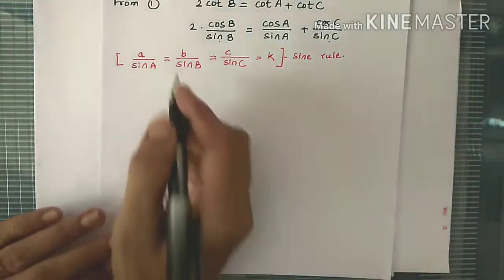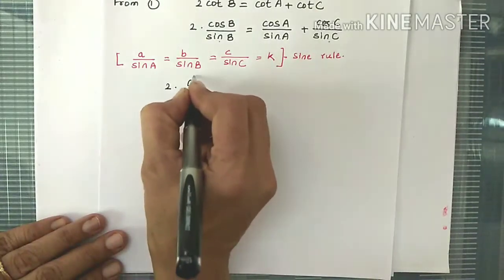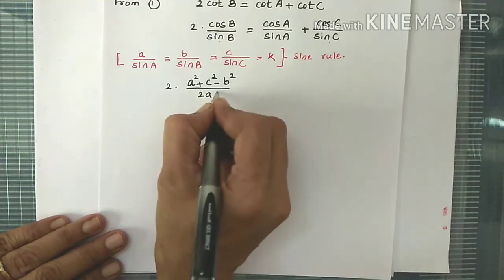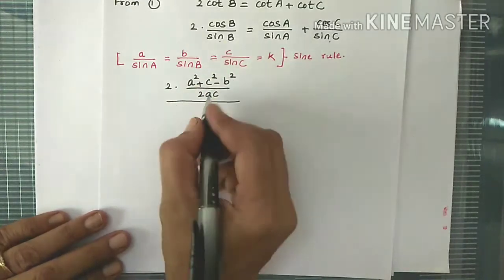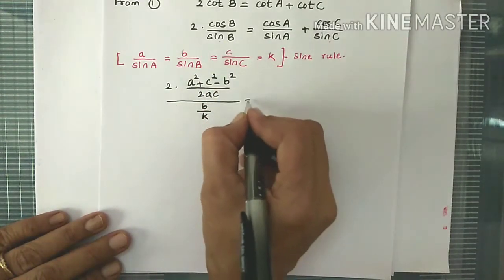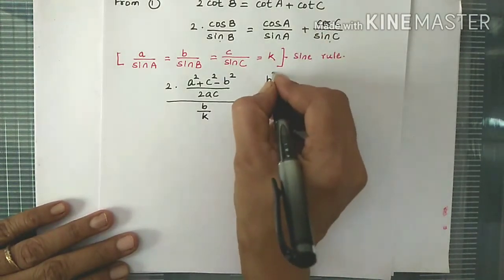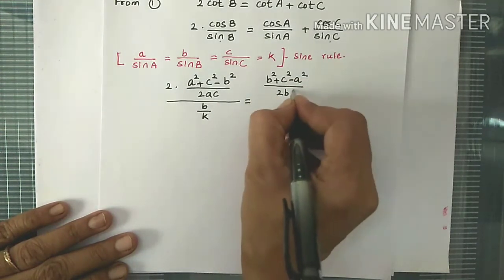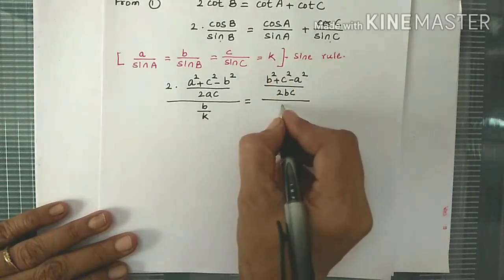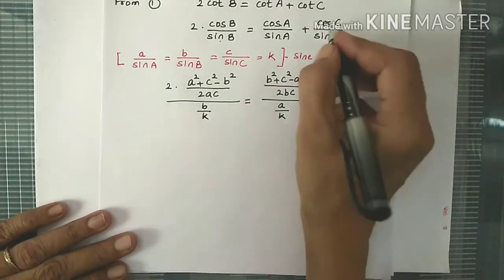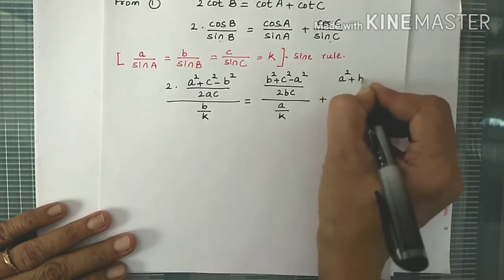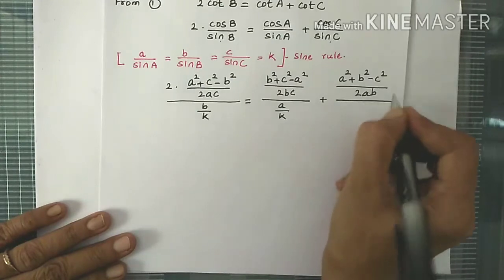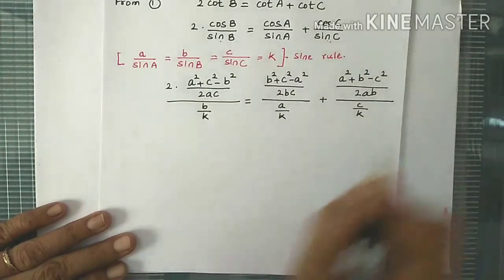So we have 2 into cos of B. Cos of B is a² plus c² minus b² divided by 2ac, divided by sin of B. By sine rule, sin of B is b upon k, equal to cos A. Cos A is b² plus c² minus a² upon 2bc divided by sin A, that is a upon k, plus cos of C. Cos of C is a² plus b² minus c² divided by 2ab divided by sin of C, that is c by k.